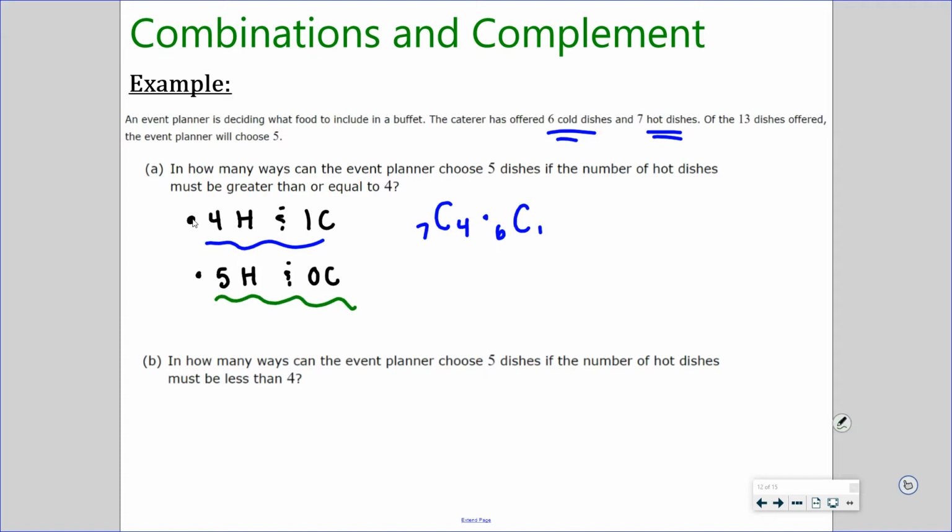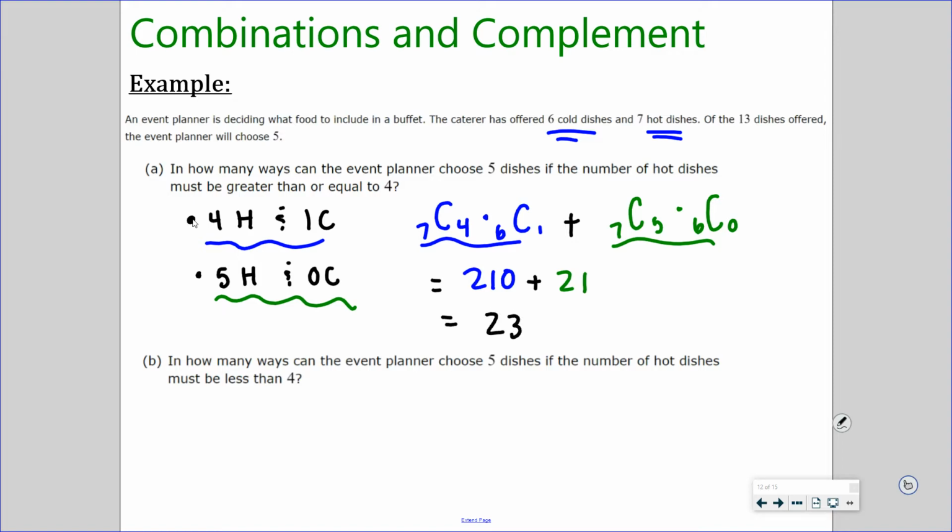Or, so I'm going to add this to, or I could have 7 hot dishes and I choose 5, and of the 6 cold dishes we choose 0. This number right here, I got 210. This number right here, I got 21. Adding those together, 231.